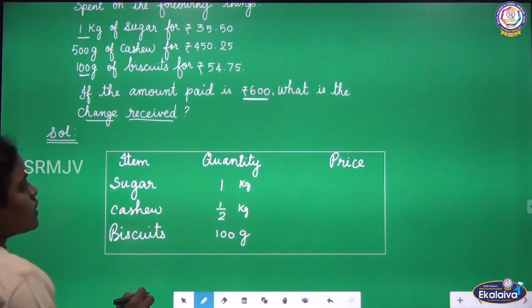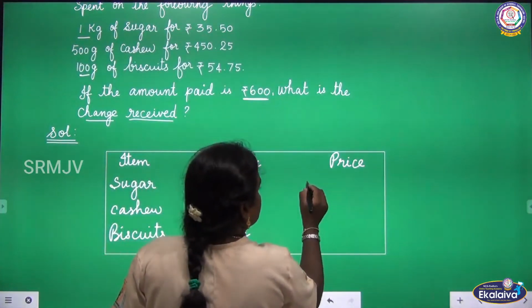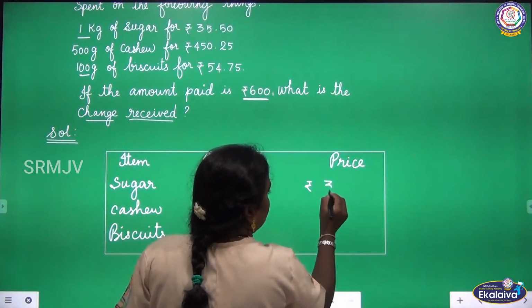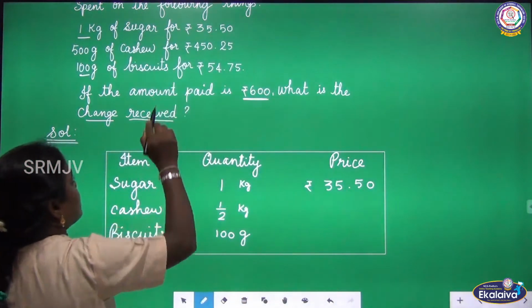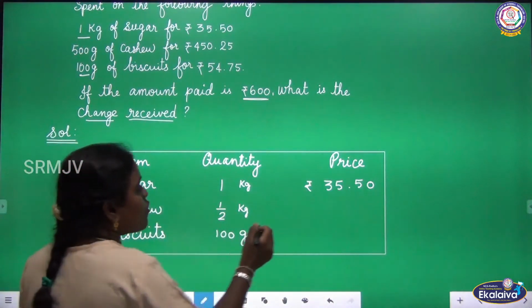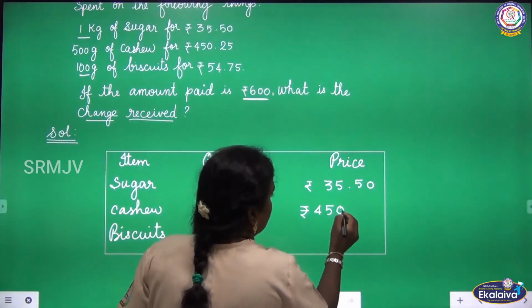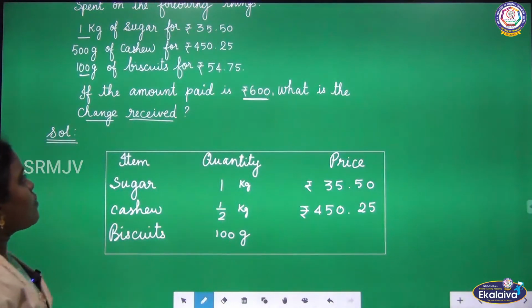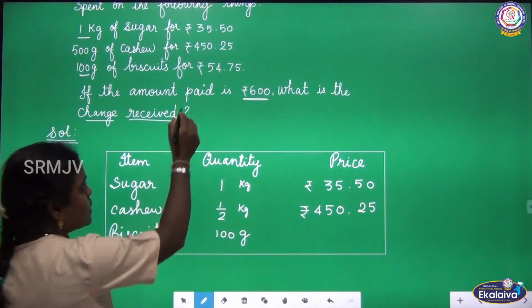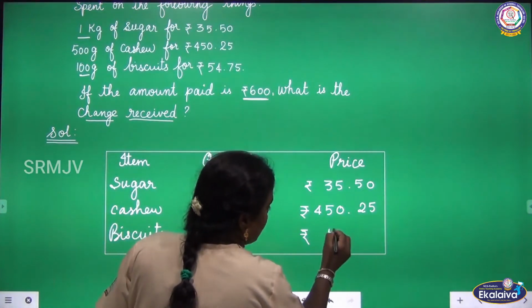Yes, listen, the price of each thing we are going to write now. The cost of sugar is 35 rupees and 50 paise. And the next thing, cashew price is 450 rupees and 25 paise. And the cost of 100 gram of biscuits, it is 54 rupees and 75 paise.